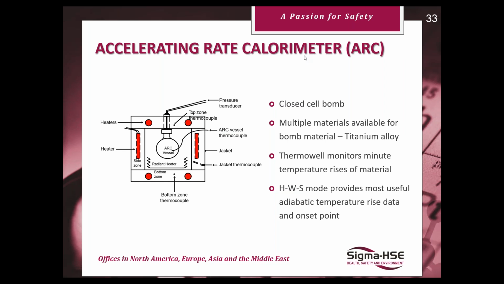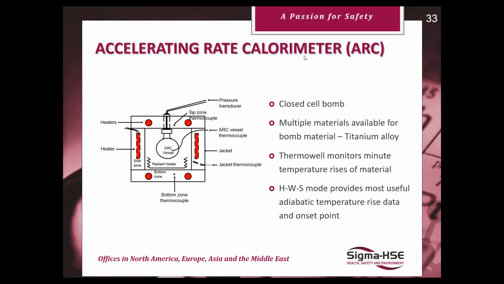So that is mimicking the zero heat loss scenario, such as an adiabatic system. It is performed in a closed cell bomb, as it has to deal with potentially high pressure decompositions. That's why it's made of metal.